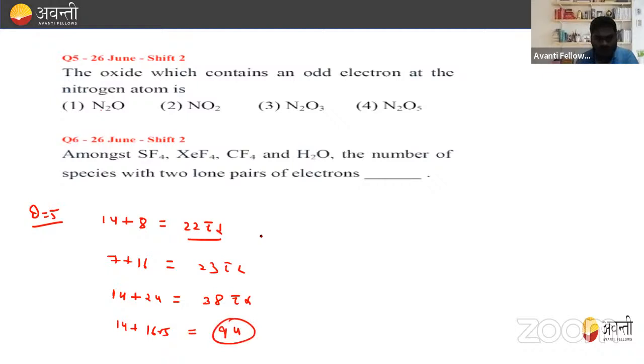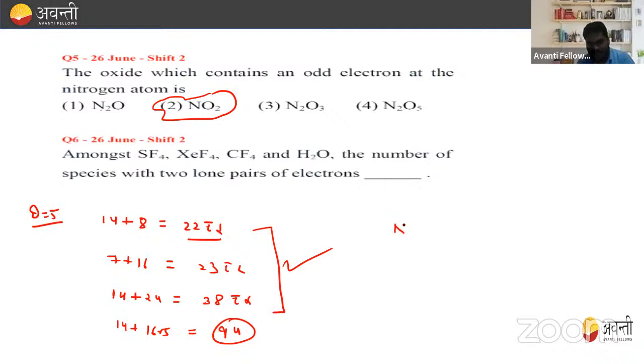So out of this, which has an odd number of electrons? That is 23, which means NO2. So NO2 contains an odd number of electrons. This is a very important question and a very simple question also. How to draw the structure of NO2?